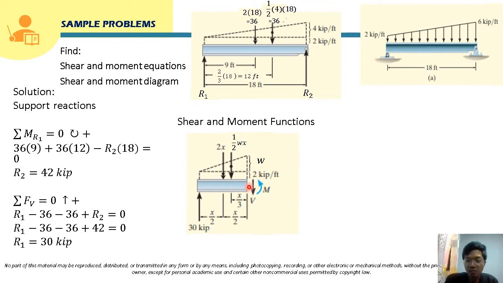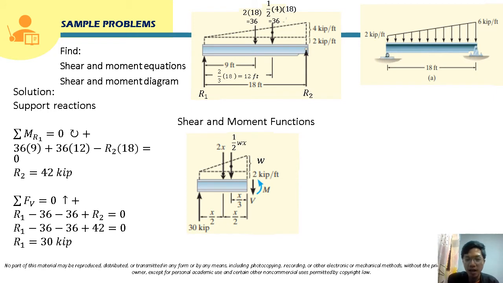So this will be the positive assumption for shear. Now for the moment, the positive assumption should cause the segment to bend concave upward. If the direction of the moment is this way, it will cause the segment of this beam to be concave upward. So that is the positive assumption.